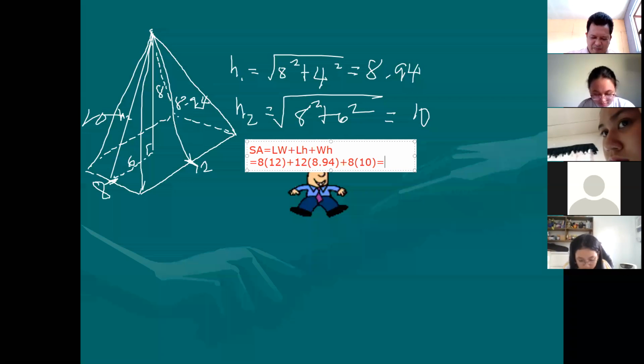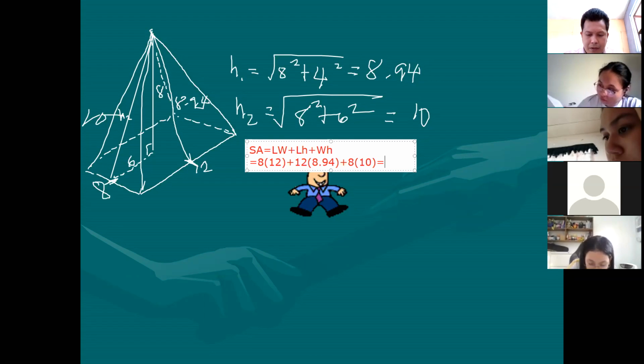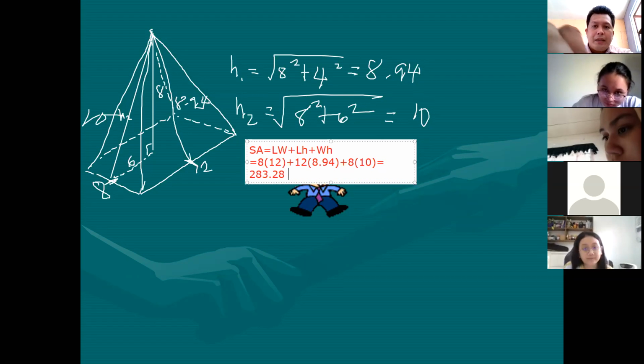So you'll get 8 times 12 plus 12 times 8.94 plus 8 times 10. You'll get 283.28 units squared.